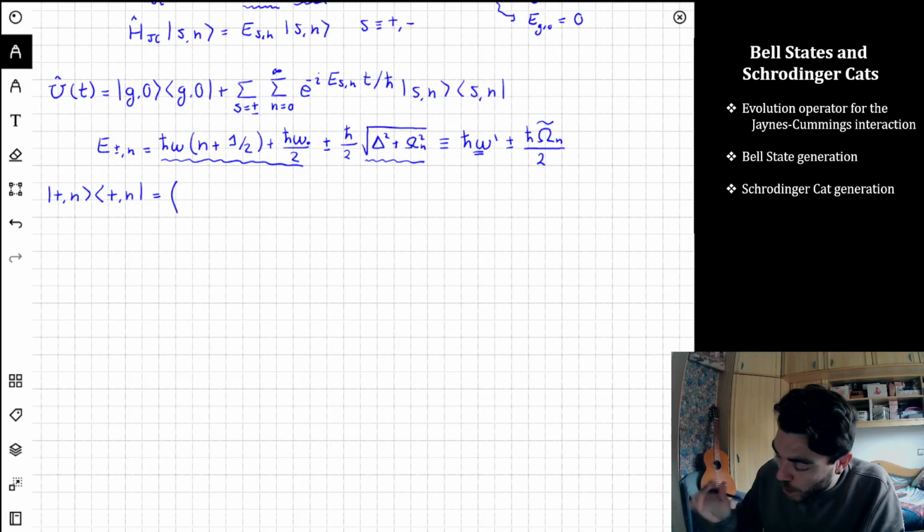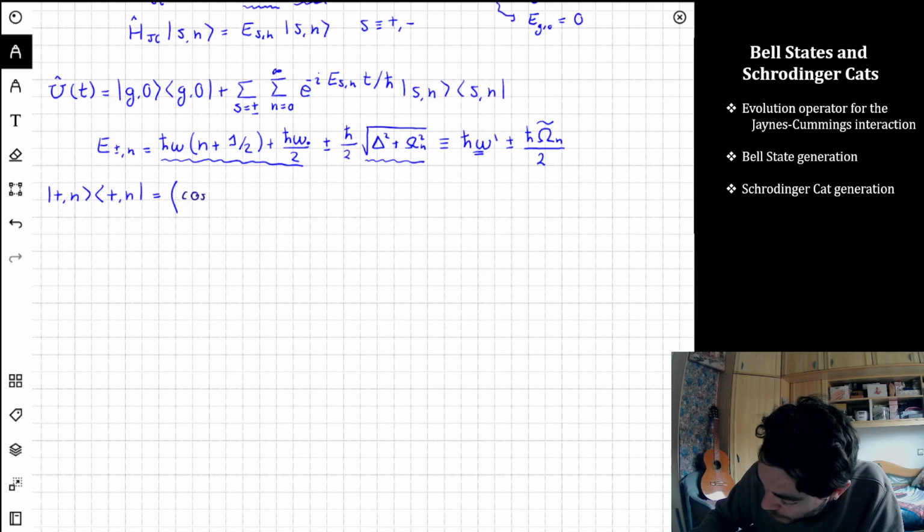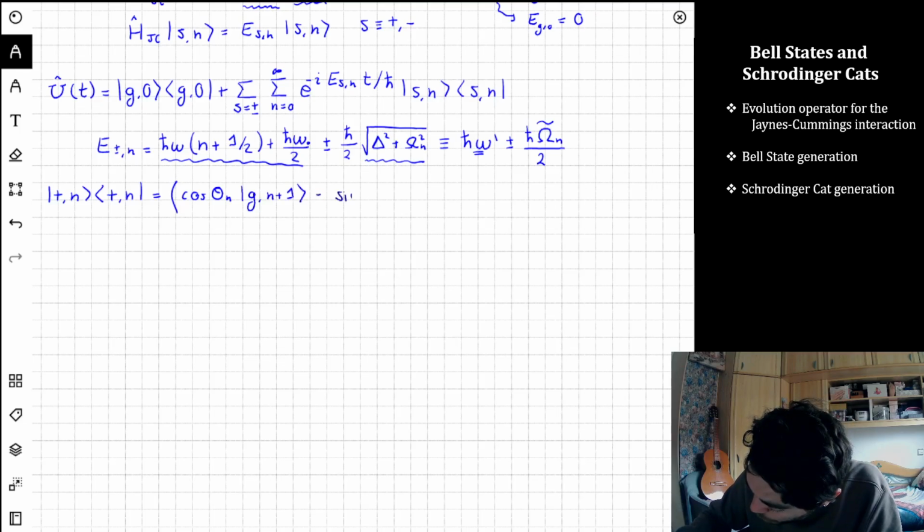What I mean is the following: this plus n, we found out, is the cosine of this angle theta n of this minus the sine, so it's a quantum superposition of these two states with one excitation that is swapping between the two.